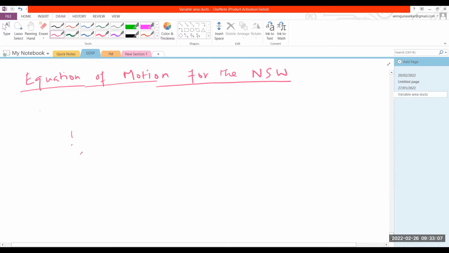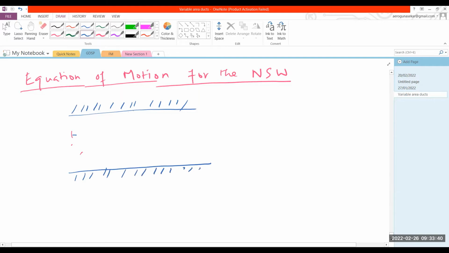Suppose you are having the shock wave. Shock wave can be formed only within confined passages. Suppose this is your confined passage, then in this you have a shock wave.